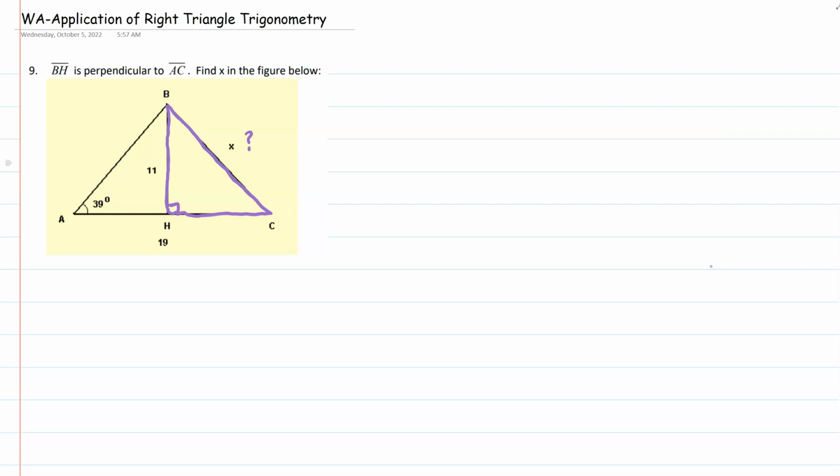So let's call this side right here Y. I think I could use the triangle on the left-hand side and other information to figure out what Y is.